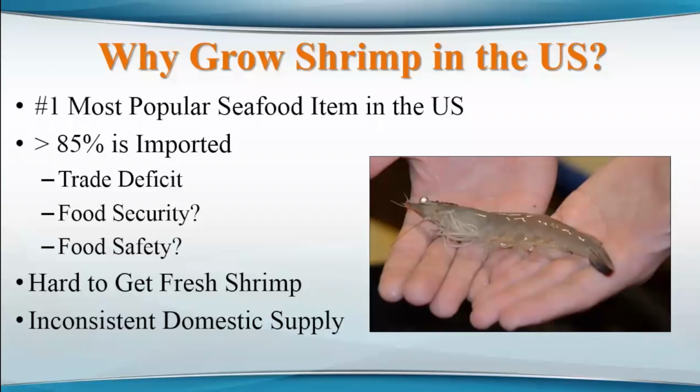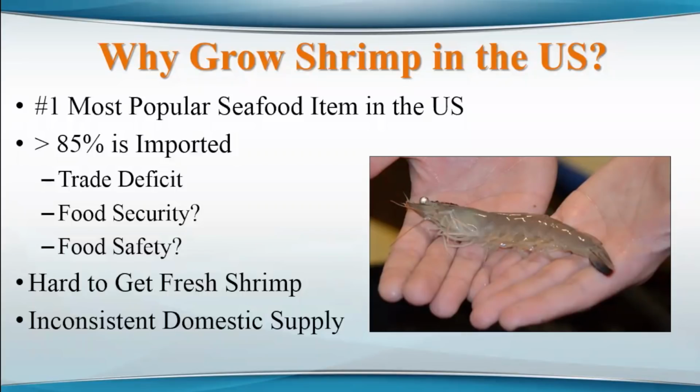But in the U.S. specifically, shrimp is the most popular seafood item consumed. The average consumer eats about 4 pounds per person per year. We don't eat a lot of seafood in the U.S., although we should. About 85% of that shrimp, though, is imported from other countries, which leaves us with a big trade deficit.